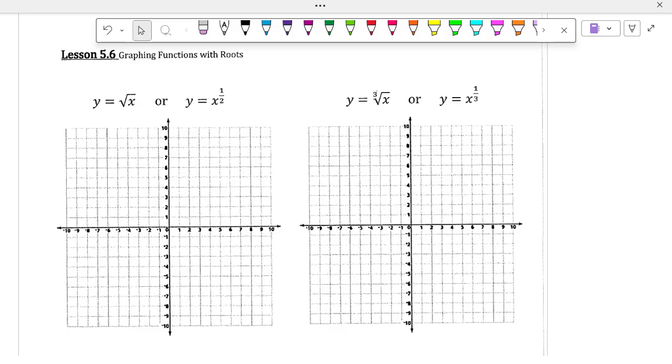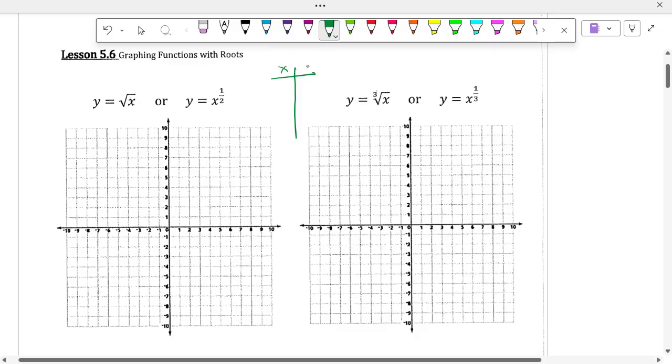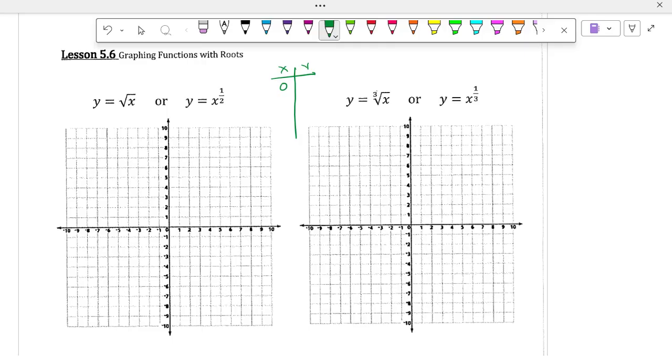Square root of 0 is 0. So I cannot go any lower than the square root of 0. So I'm going to start with 0. If I do 0, what's the square root of 0? 0. I'll do 1 next.